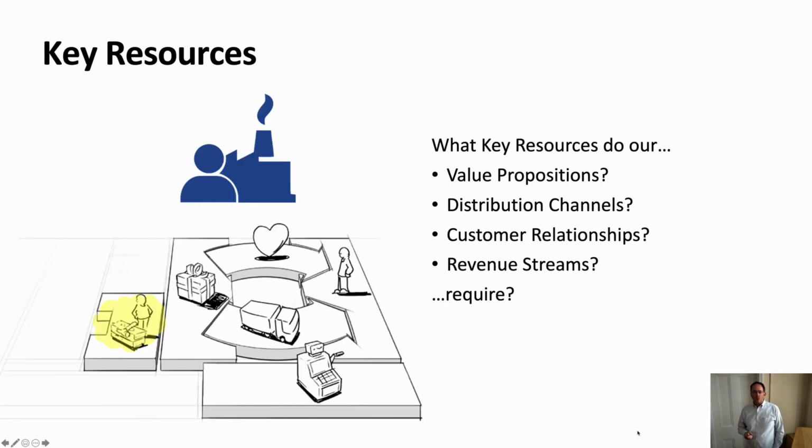Okay, what's delivering these value propositions? Well, on the infrastructure side, now key resources, and if you consider the value proposition, the distribution channels, the customer relationships, the revenue streams, what resources do they require to manage those? And this is where you identify key resources, not all of them. What are the key ones that make this model work?